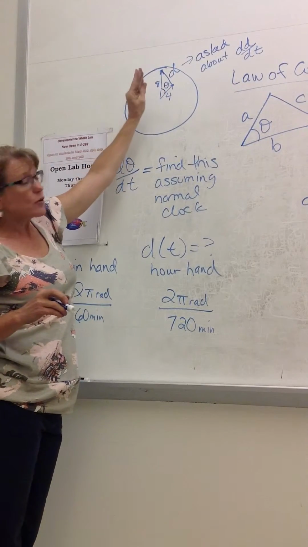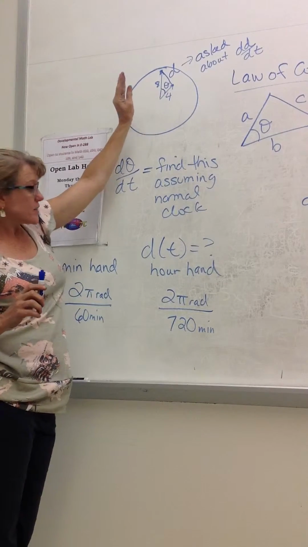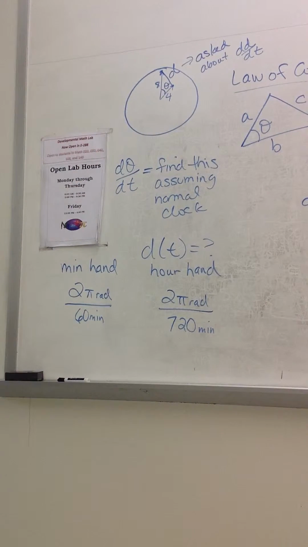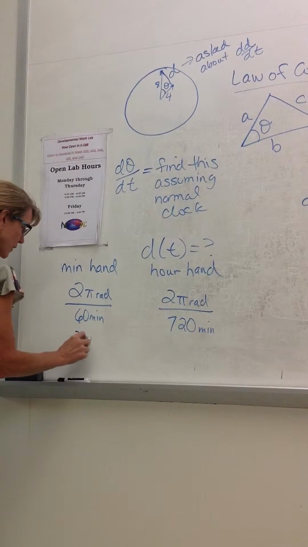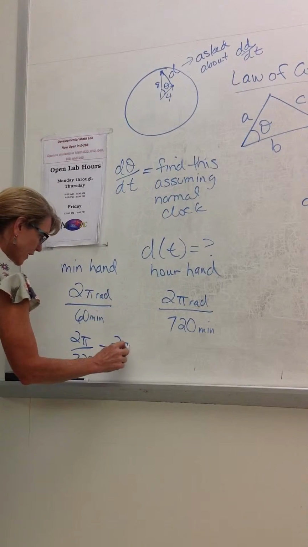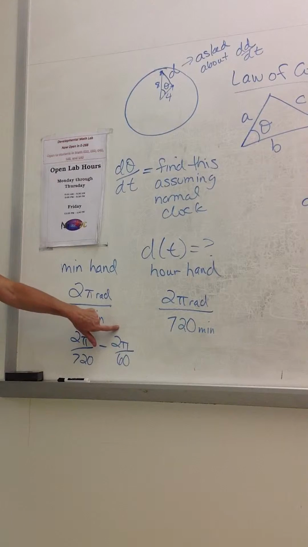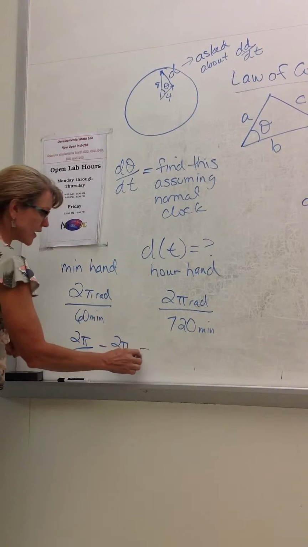And so that angle should be getting smaller, and so d theta dt should be negative. So you actually want to do 2 pi over 720 minus 2 pi over 60, because this is the smaller number minus the bigger number, and that'll give you your negative.